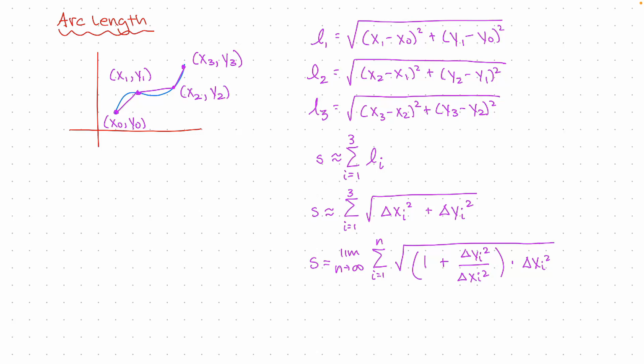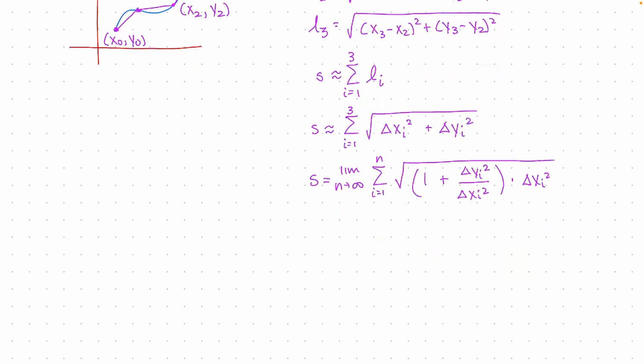And then I'm going to do a couple other things here. Arc length is the limit as n approaches infinity of the summation as i goes from 1 to n. That delta y sub i squared over delta x sub i squared, I can just take the square out, square the entire fraction, and delta y over delta x. Why, that sounds like slope.